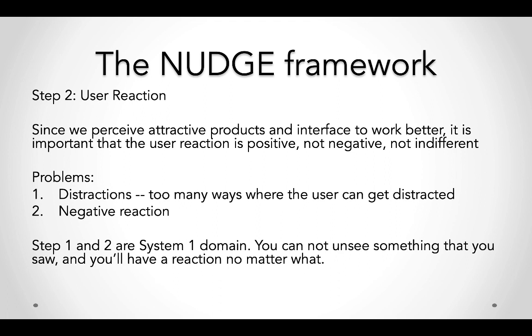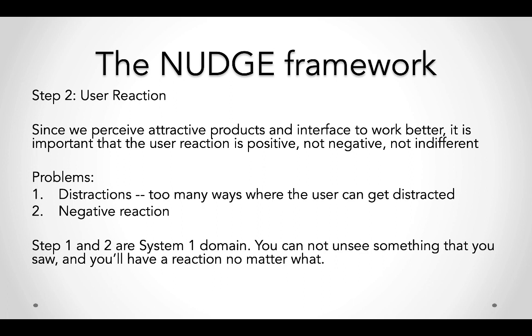But again, there are problems with this. There could be distractions, too many ways in which the user can be distracted. And you'll see this distraction part all over this framework, because you can distract the user at any moment. Typically the user doesn't have that much attention span, and any distraction will probably send them away.